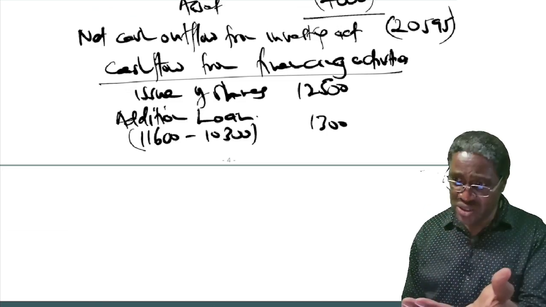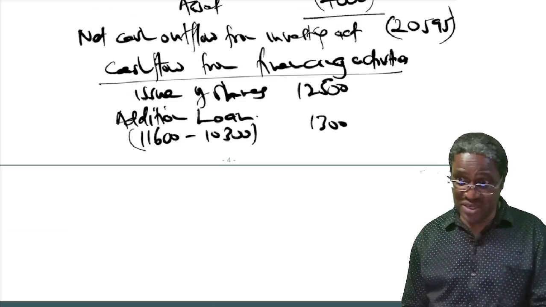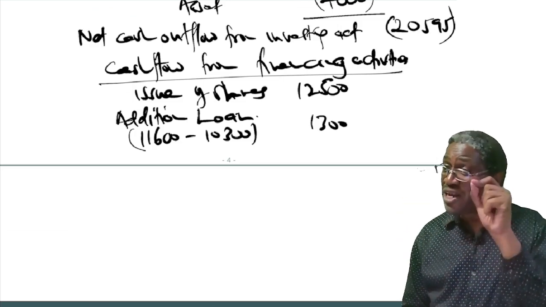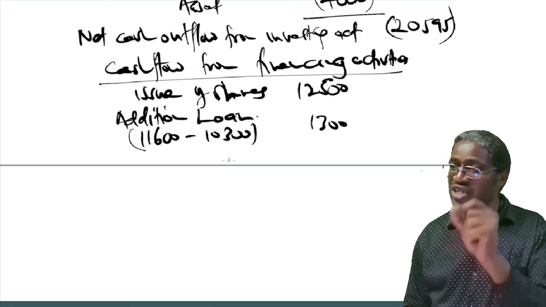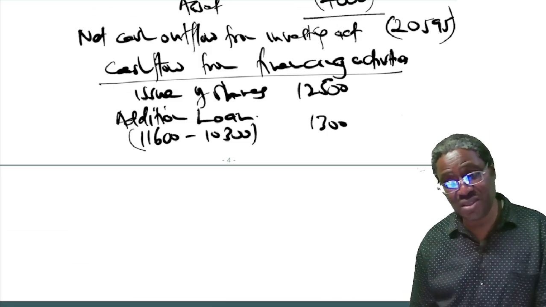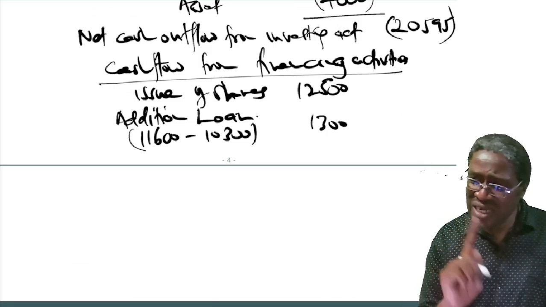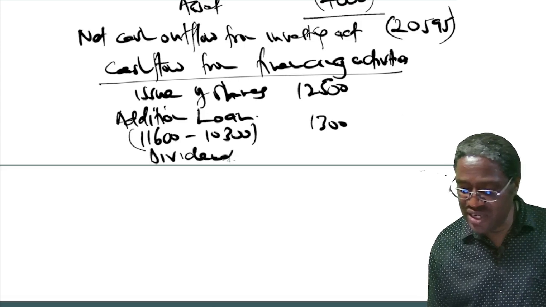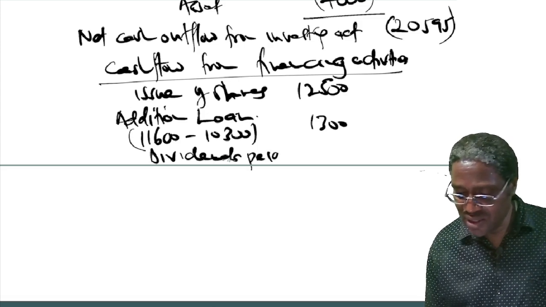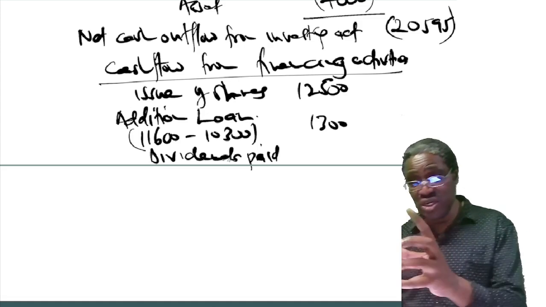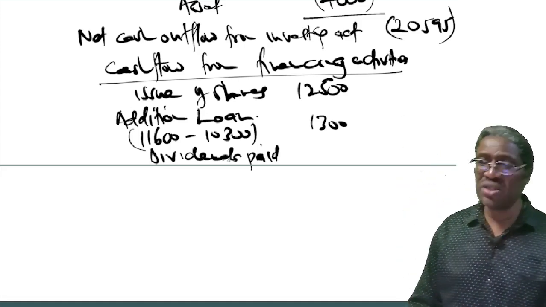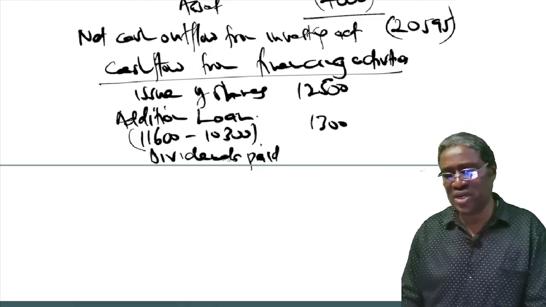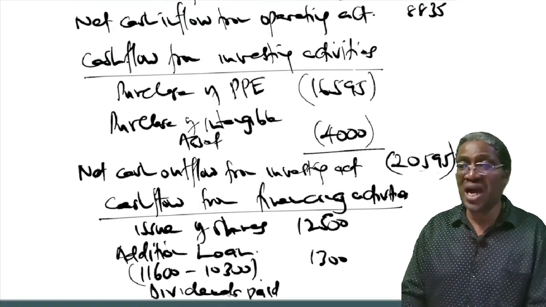The shareholders expect a return called dividend. Those returns that you pay to your shareholders, we also classify as part of financing. So among the other financing items we identify are the dividends paid. Whatever you paid them this year as dividend should be classified as a financing activity.